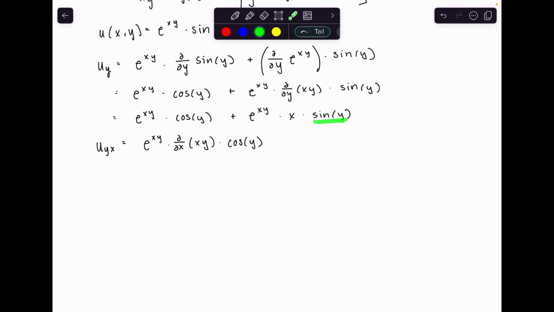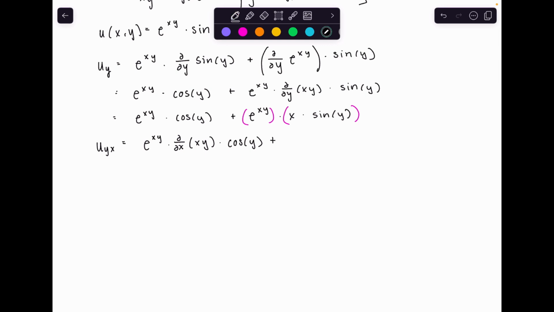Over here, sine of y is just treated like a constant. So I have two functions that deal with x. I'll call this my first and this my second. So I'm going to go ahead and just kind of highlight them. These two are getting grouped together.